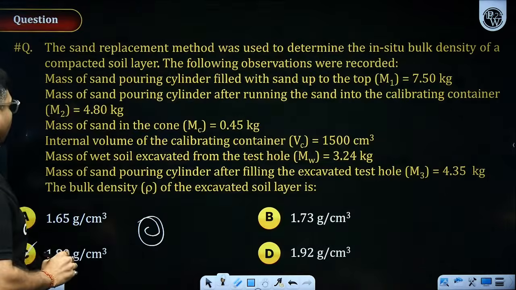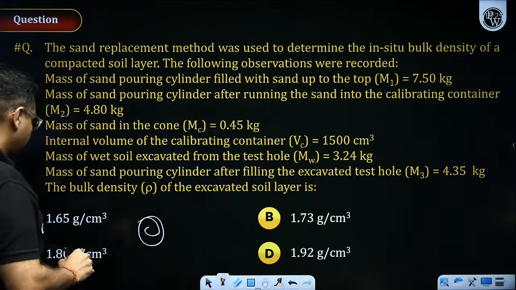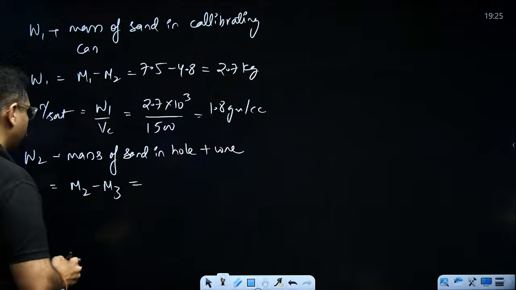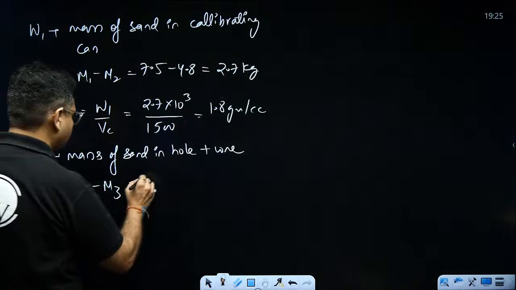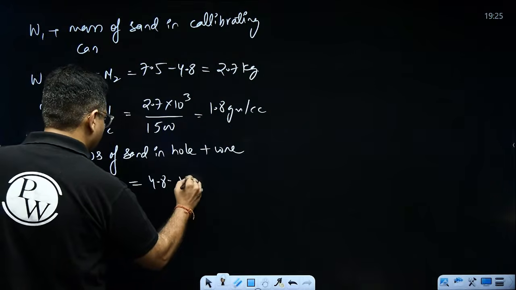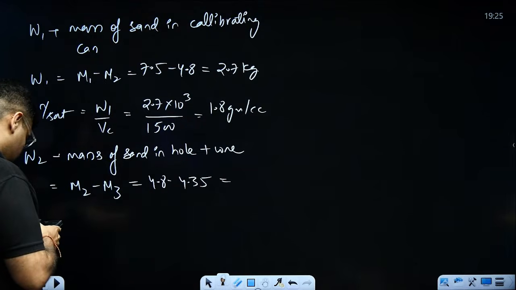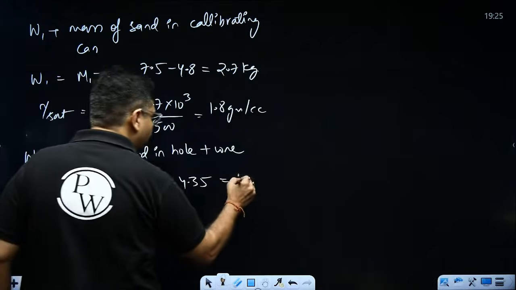This will be equal to M2 minus M3, 4.8 minus 4.35, that is 0.45 kg.